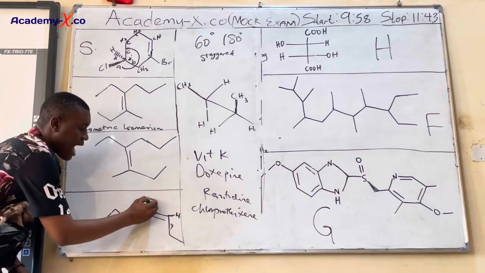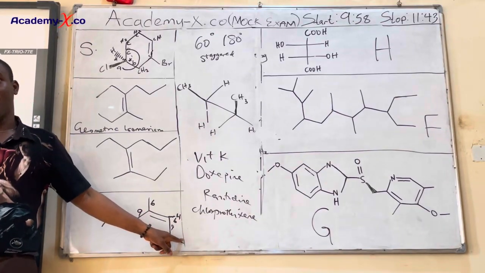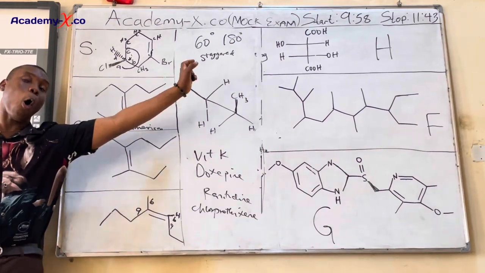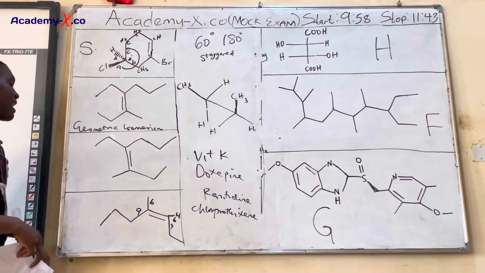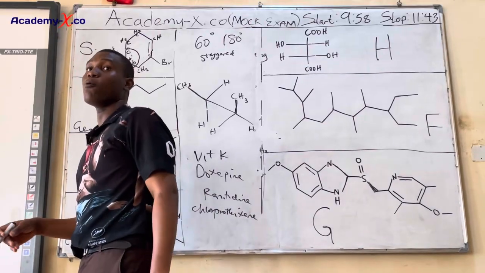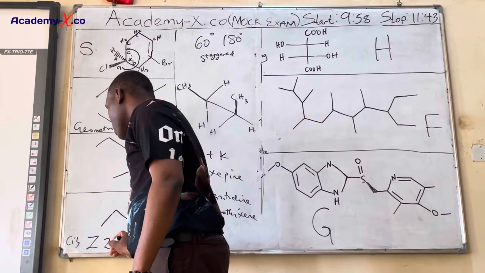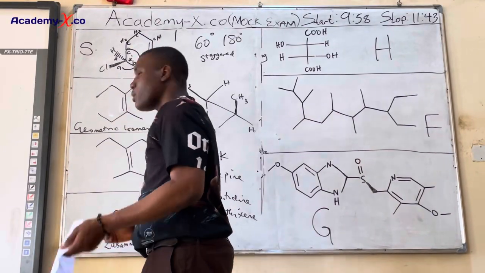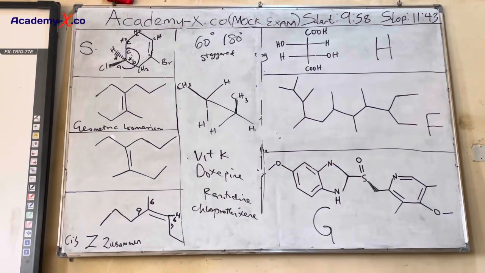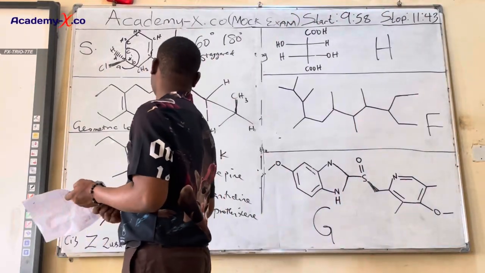So I give them B and B. Because A and A are on the same side, and then B and B are on another side of the double bond, I will not say that this is supposed to be C, but I will not use C. My next question will tell you why I want to use C. Now I'm going to assign this as Z. Z means what? Zusammen. Z means zusammen.